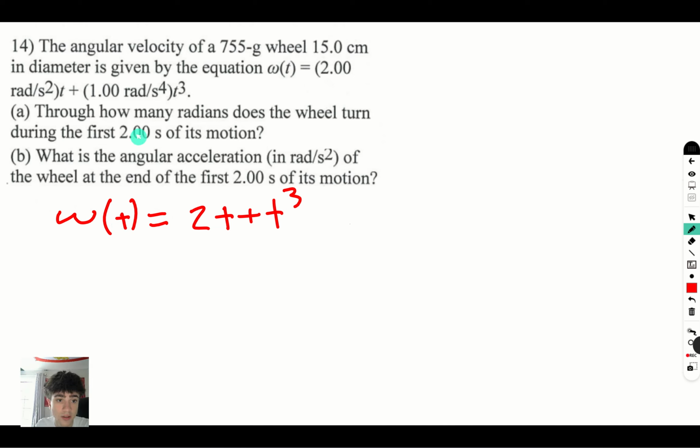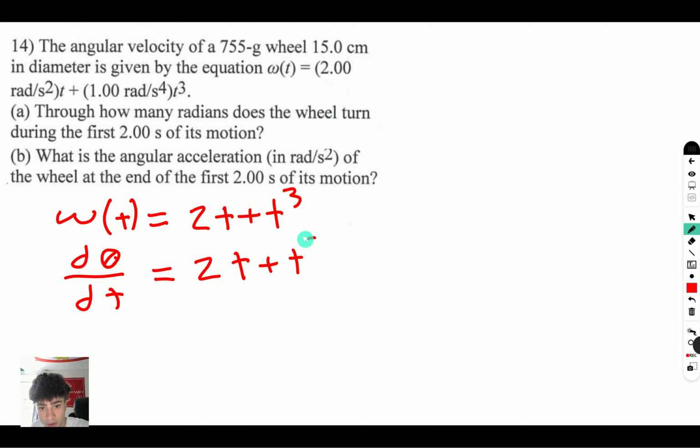And we're looking for how many radians it turned. And we know that omega is simply the change in rotational distance over the change in time. So we can rewrite it as that.